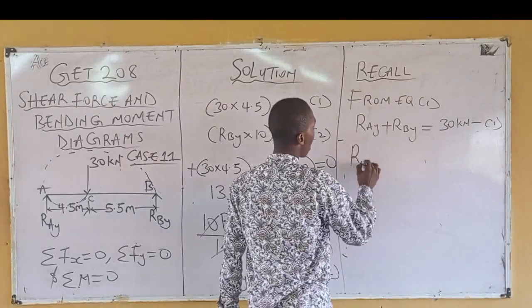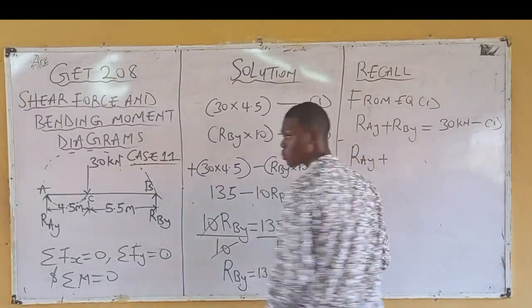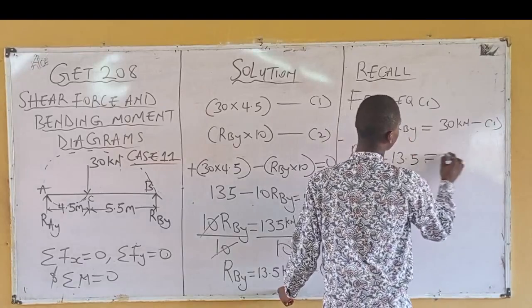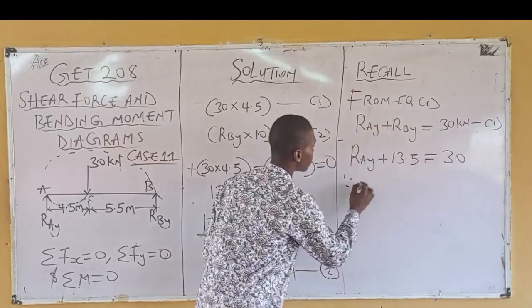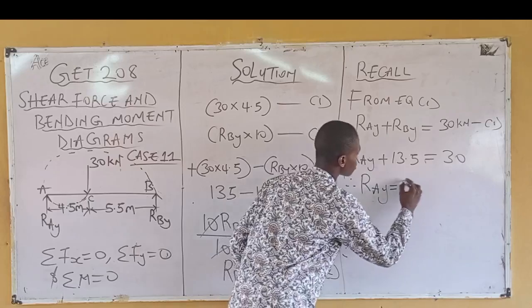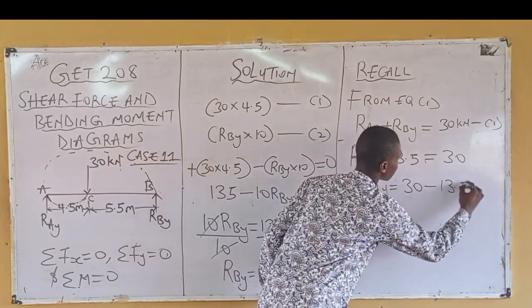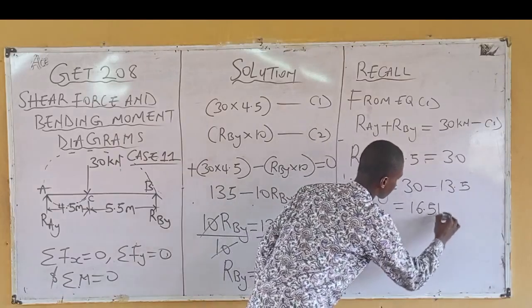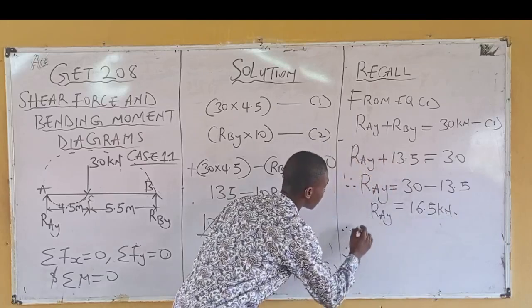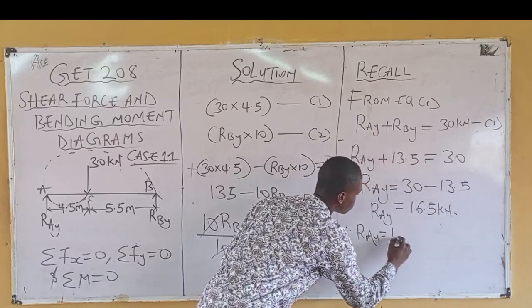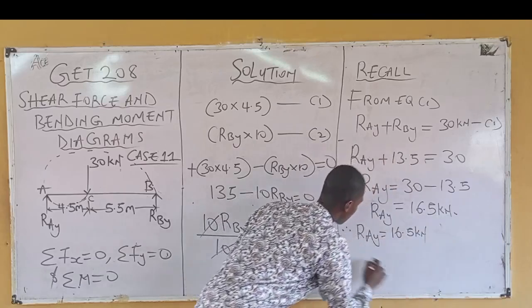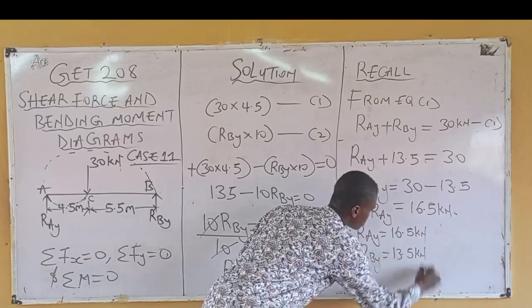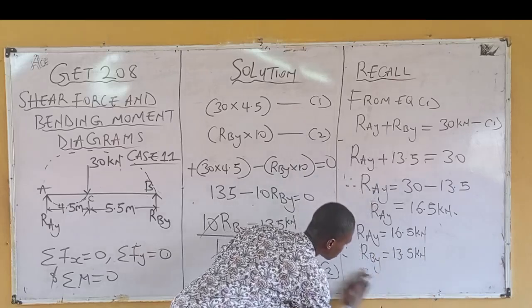It becomes RAY plus, please, let's do this together, plus 13.5 equals to 30. Therefore, RAY is equals to 30 minus 13.5. And this will give you what? Therefore, RAY is equals to 16.5 kilonewton. RBY, what's RBY? 13.5 kilonewton. What's RBX? 0.